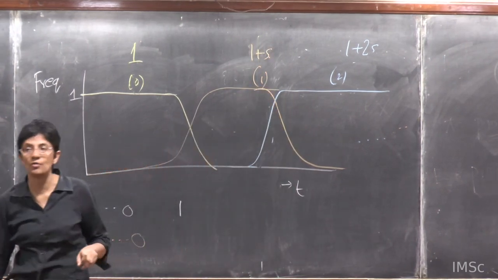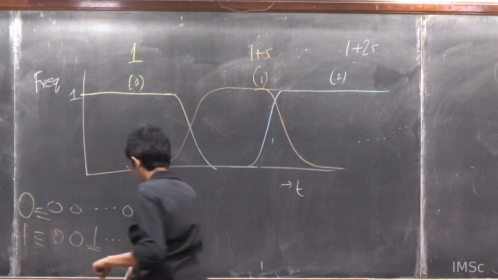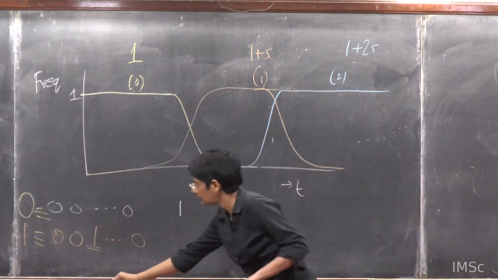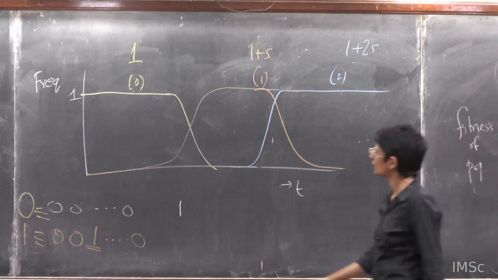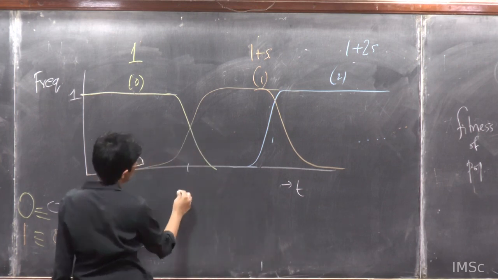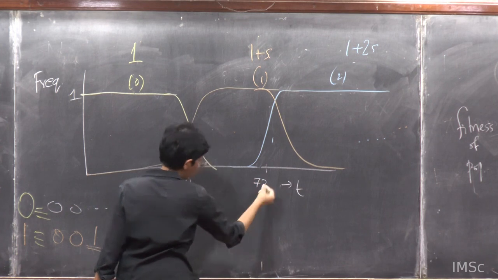So how do you think the fitness of this population changes with time? Can you plot something? Fitness of the population as a function of time, roughly. So let's say this was time 100 and this was maybe time 172, and so on.